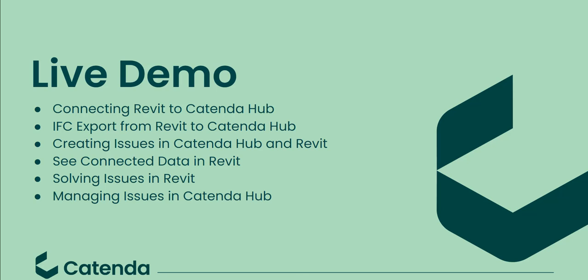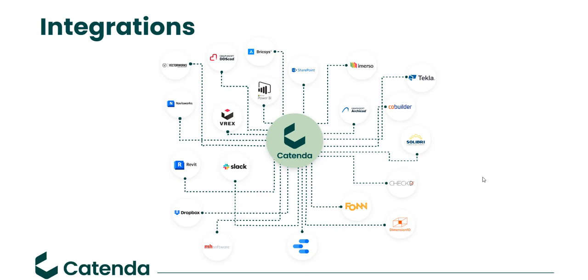Just to close off this webinar, I want to just give you a quick overview of the other integrations that we have that also behave in a similar manner to the plugin that we just saw. So we have on the Autodesk side, Navisworks, also then coming from Allplan, we have DDS CAD, then you have Vectorworks, we also have BricsCAD, so we also support Solibri and Archicad and Tekla.